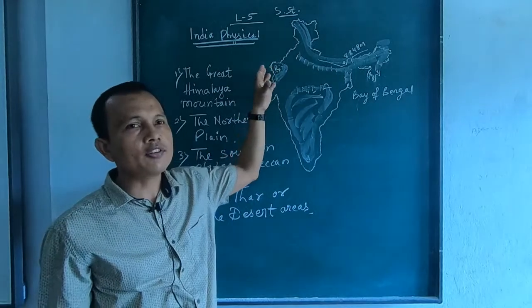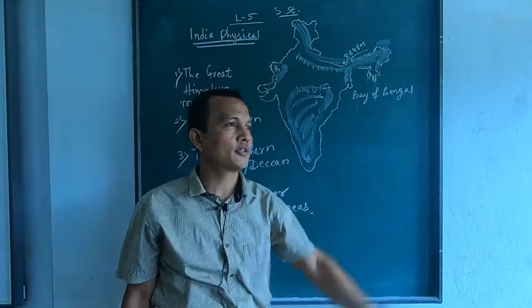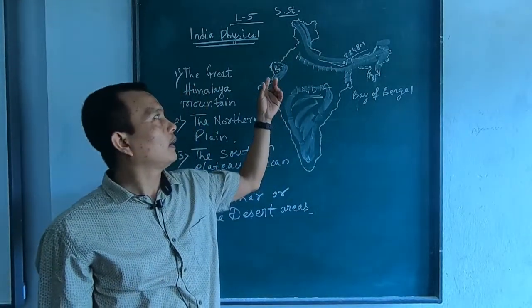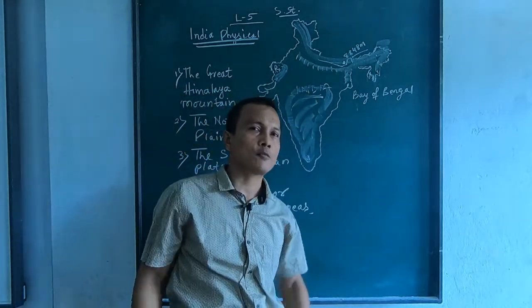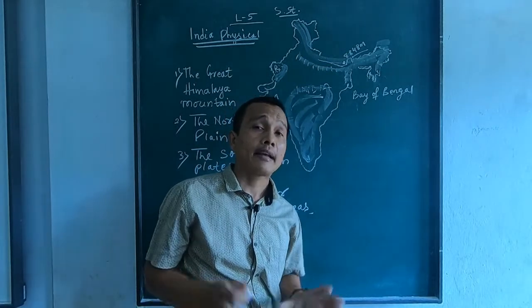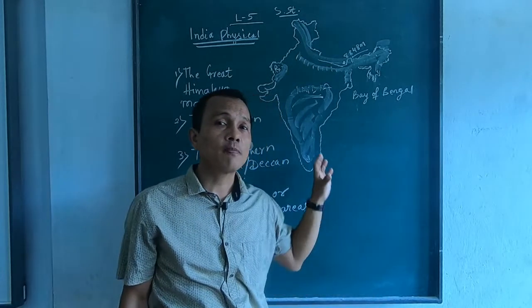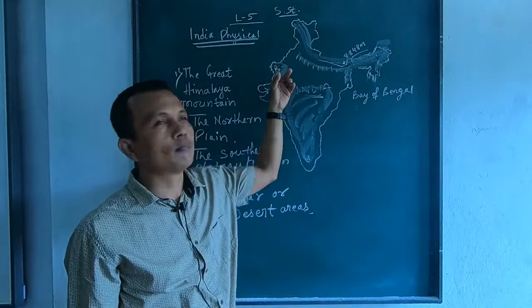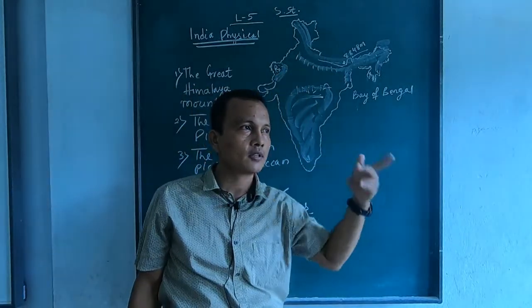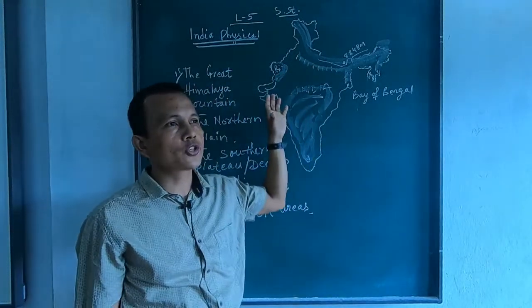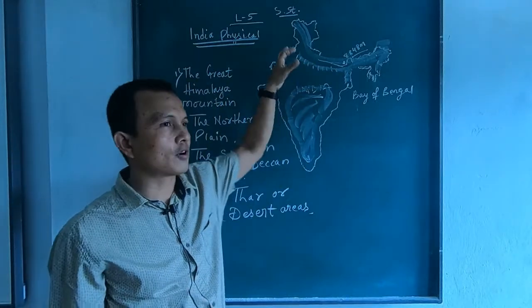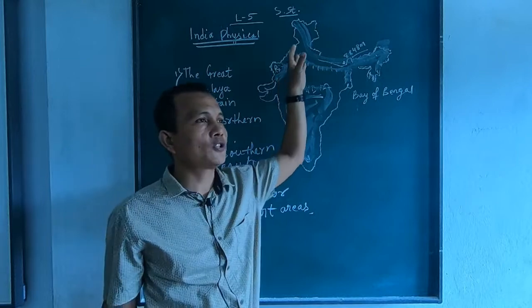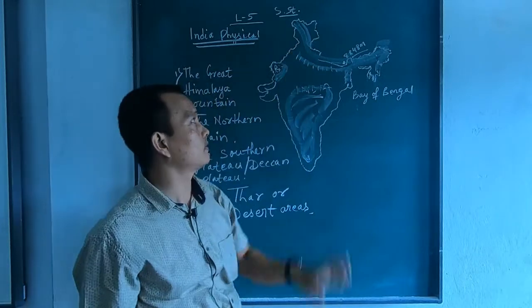And life is very difficult. Very few people are living here. And sometimes they use animals for transportation. And camel is known to be the ship of the desert. So most of the time, to transport themselves or goods from one place to another or one region to another, they use camels.